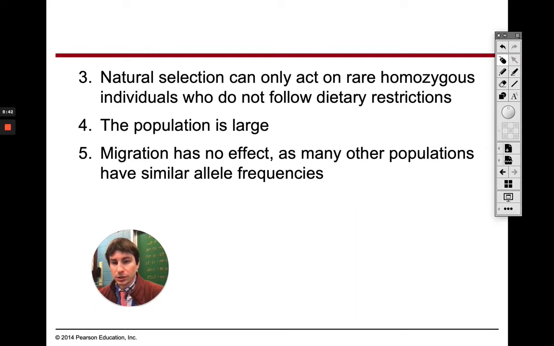We can use a large population to test for this. There won't be too many in the population that have it, and migration has no effect because every part of the world has a little bit of the PKU disease. So we could set this up for Hardy-Weinberg equilibrium just in normal everyday life.